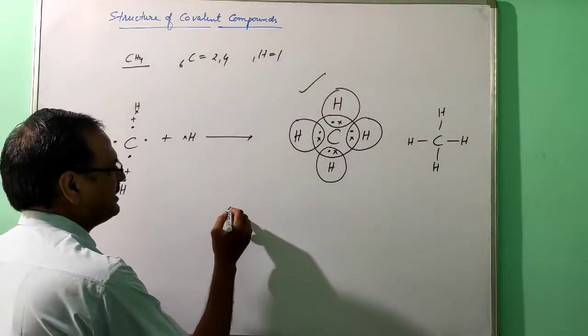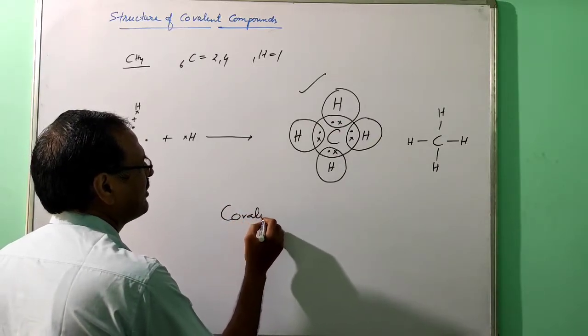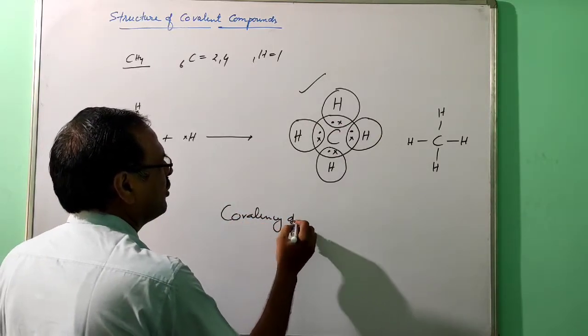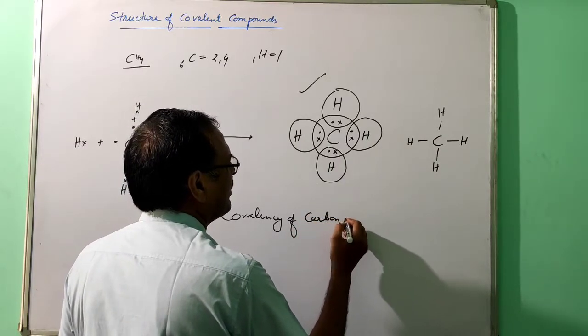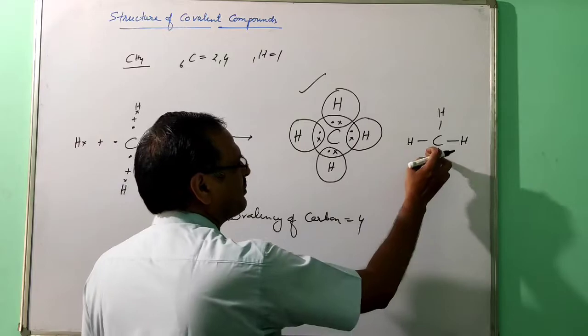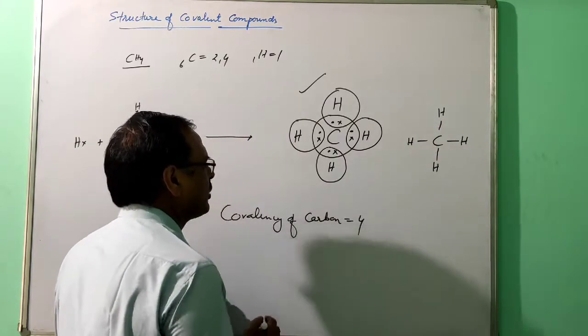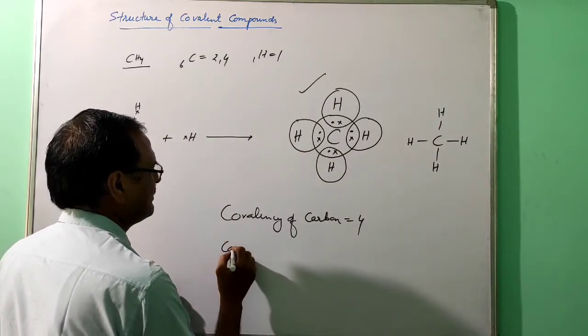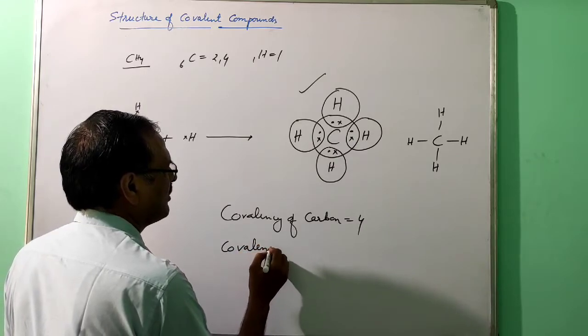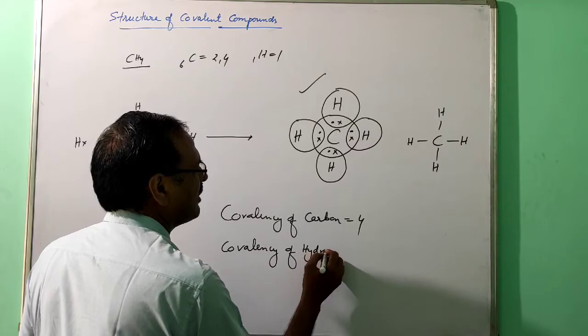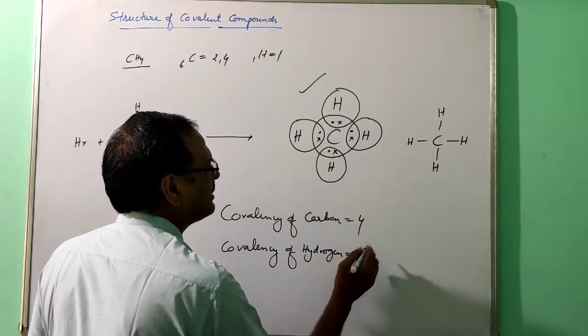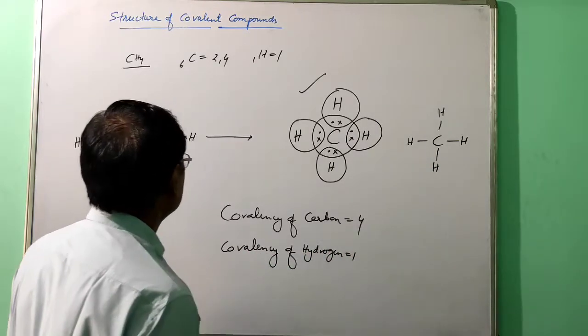In this structure, the covalency of carbon is 4: 1, 2, 3, 4. The covalency of hydrogen is 1.